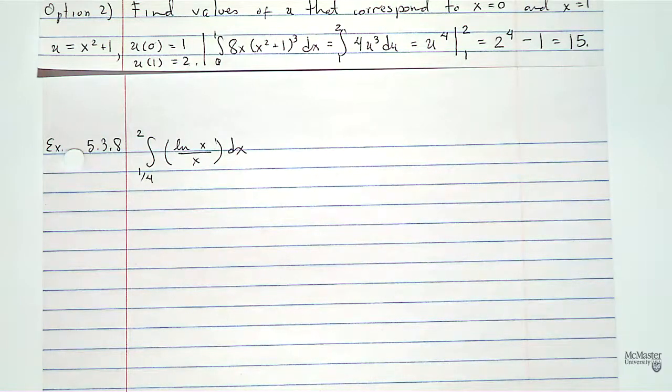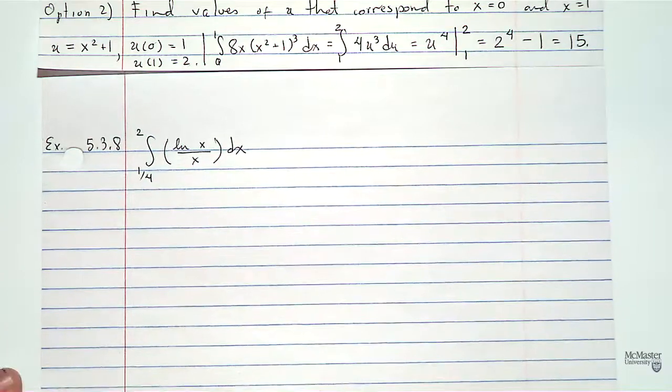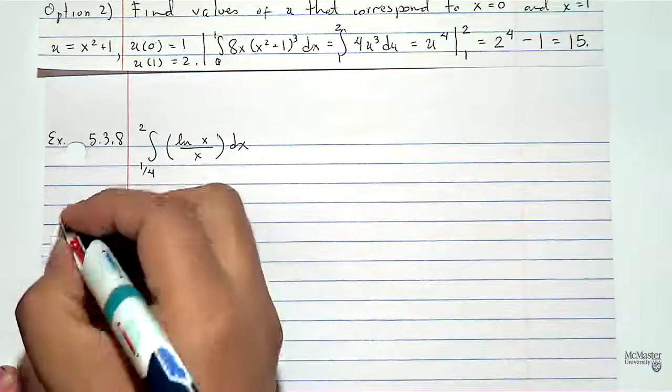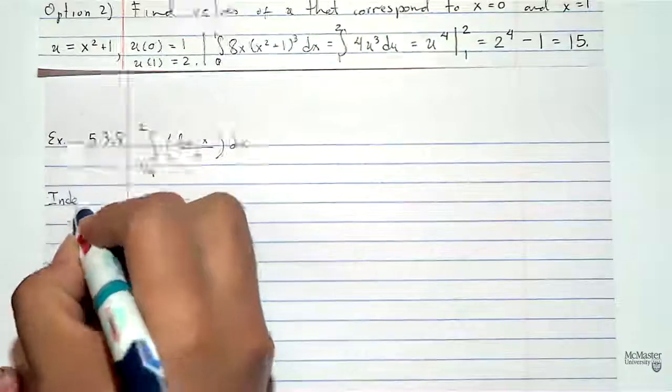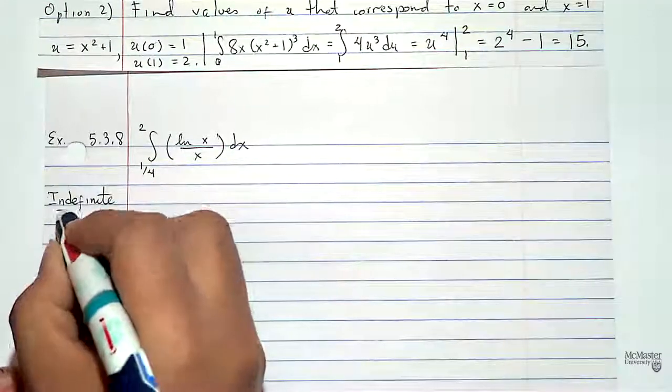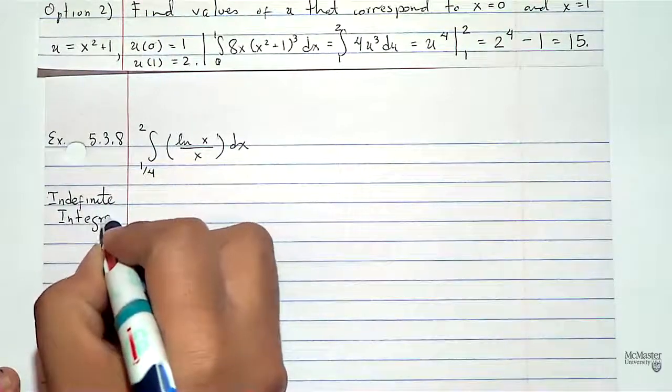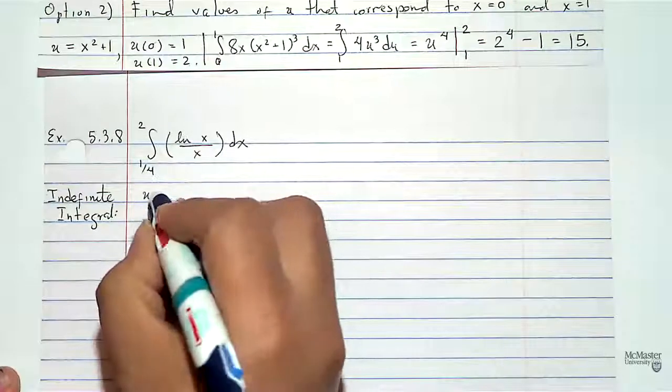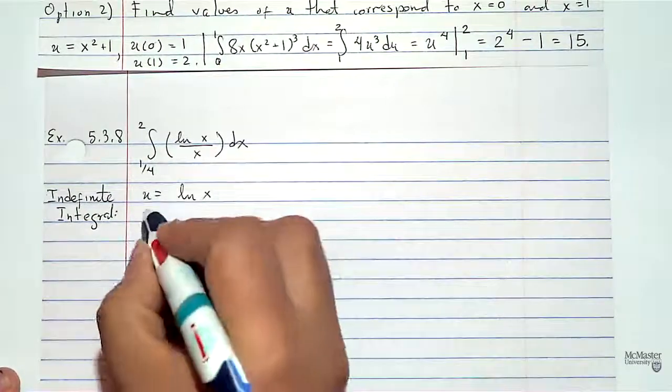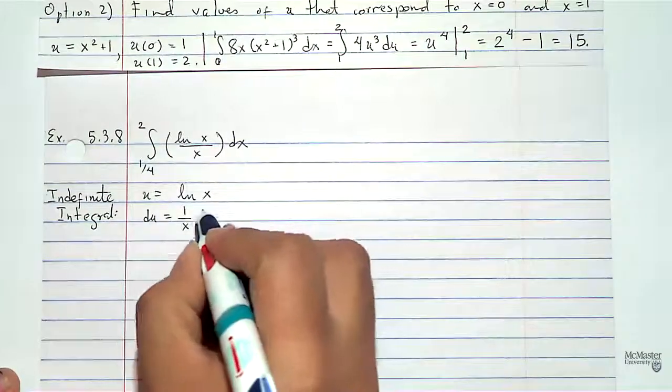Well, you have a factor 1/x, right? So if you were to choose u as natural log of x, the derivative of natural log of x is 1/x. So again, you have one of these examples where you have hooked up the function and the derivative, okay? So again, in terms of expressing this as an indefinite integral, you make a choice of u, natural log of x, du equal to 1/x dx.